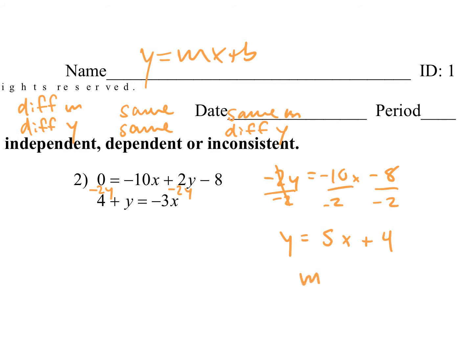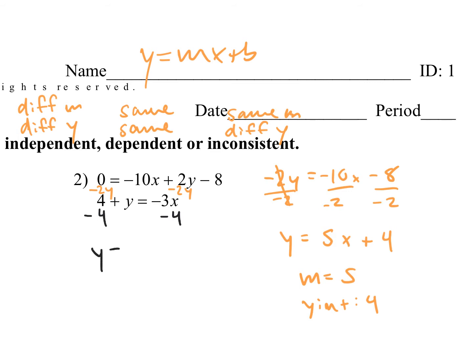Lucas, what's my slope? 5. And what's my y-intercept? 4. So let's do the same thing for the other one. All right, how do I get it into slope-intercept form? Subtract 4.